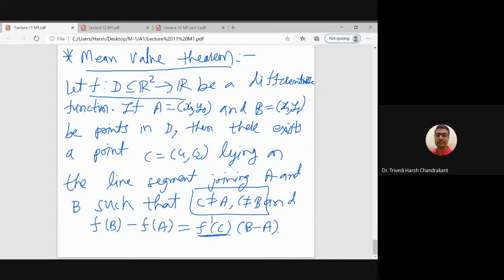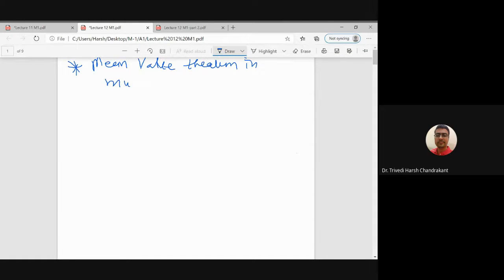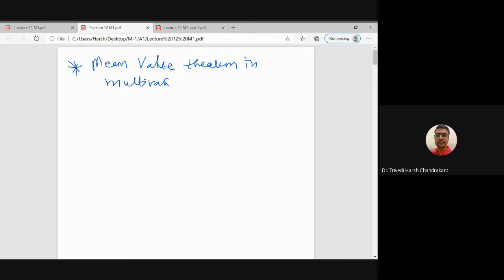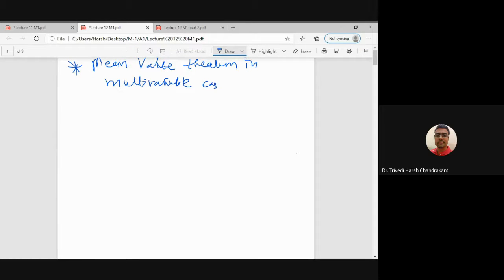So let us write this down once again briefly, so that we will find out the condition. We'll note down the condition in terms of partial derivatives. So the mean value theorem in the multivariable case.